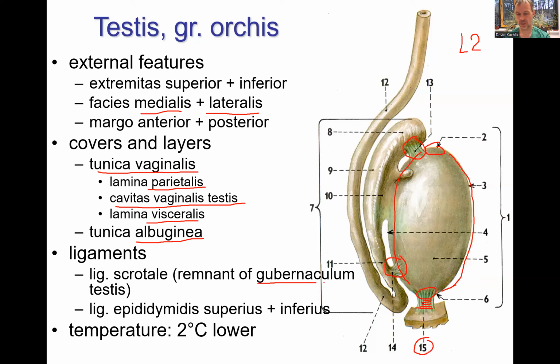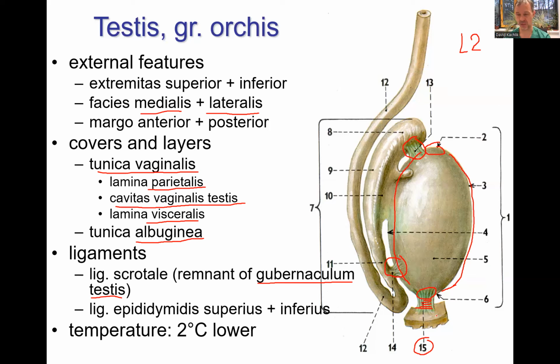It is called during the embryonic and fetal period gubernaculum, which means a steer of a ship, and by means of testosterone, this part of connective tissue is reduced and shortened, and this causes the descent of testis and ovary as well. So the glands then descend by retraction of this gubernaculum, and finally the gubernaculum is so short that it forms only this short band between the inferior pole and scrotum, and it's called scrotal ligament.